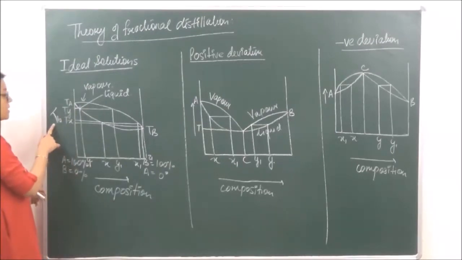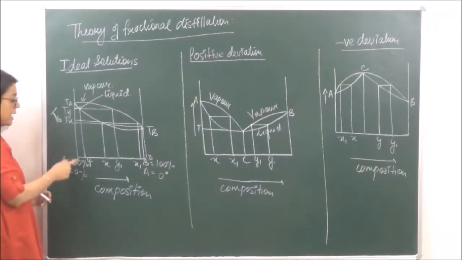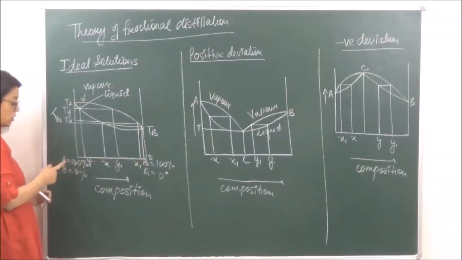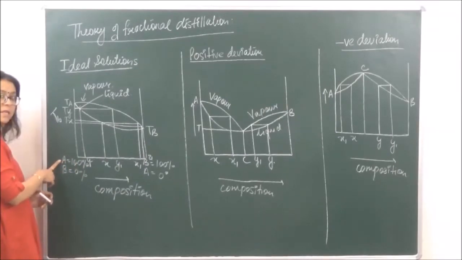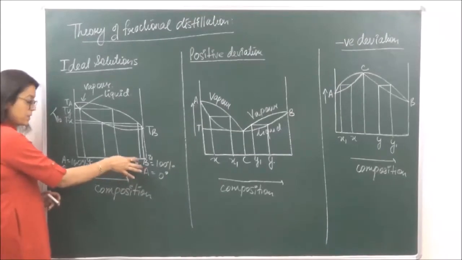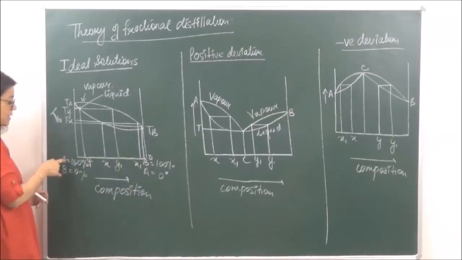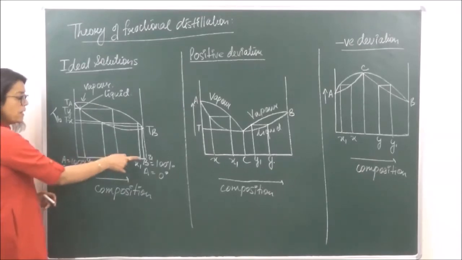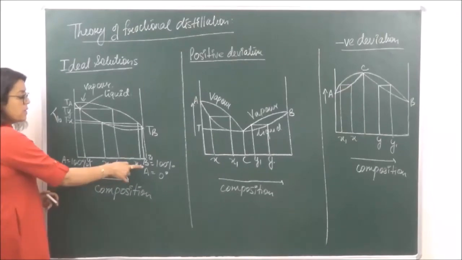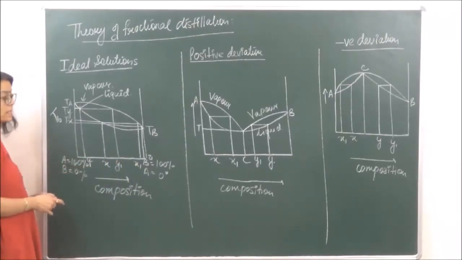On this axis we are taking the boiling point or the temperature, and on this axis we are taking the composition. So over here A is equal to 100% and over here B is equal to 100%. So the composition of A is decreasing as we are moving from left to right, and the composition of B is increasing as we are moving from left to right.